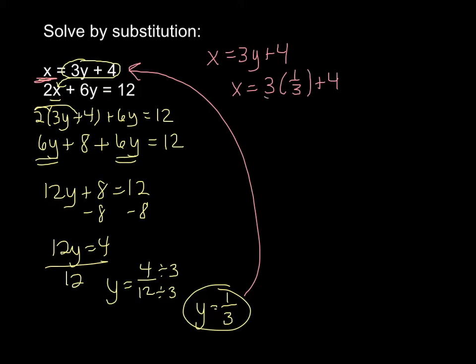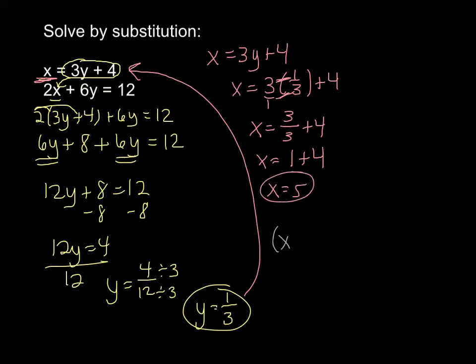Okay, now 3 is like 3 over 1. I can multiply the numerators and multiply the denominators. 3 multiplied by 1 is 3. 3 multiplied by 1 is 3. 3 divided by 3 is 1, so I get x equals 1 add 4, so I get x equals 5. My final answer then is x comma y, which is going to be 5 comma 1/3.